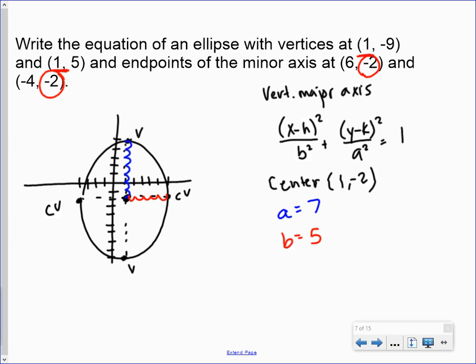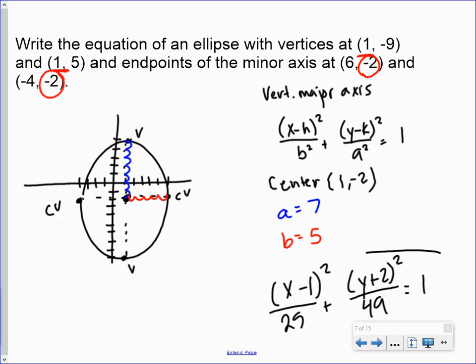The distance between the two vertices is going to be twice the distance of A. So you could use other methods to get those. If I have h, k, A, and B, I'm ready to write my equation. I already picked it was the vertical major axis. So (x - 1)^2 over 25 plus (y + 2)^2 over 49 is equal to 1.